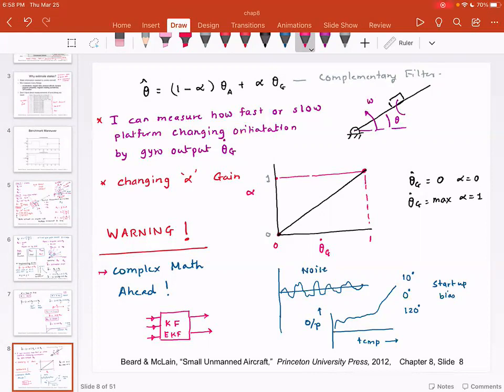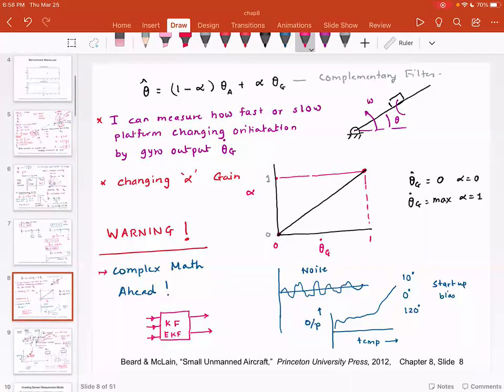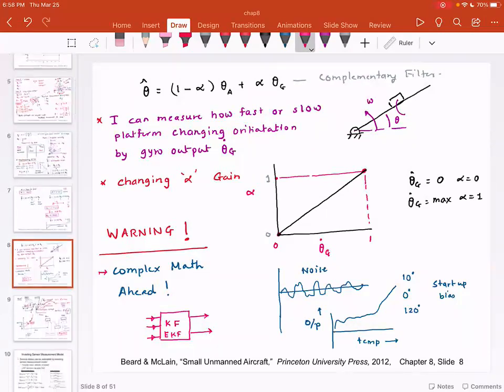So warning again, you are going to see complex math ahead, but don't get scared. We are interested in how to use it rather than completely understanding the nuts and bolts of the mathematics. Okay, any questions before we dive deep into the system?